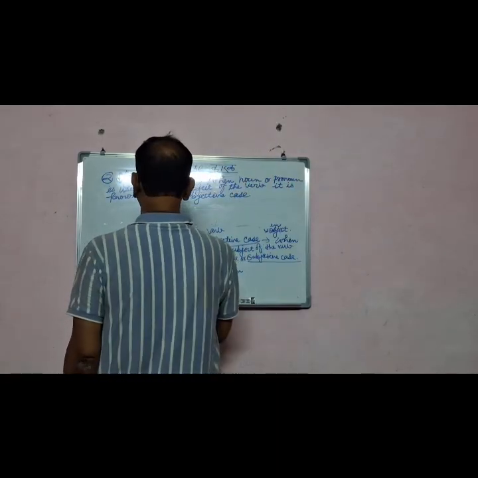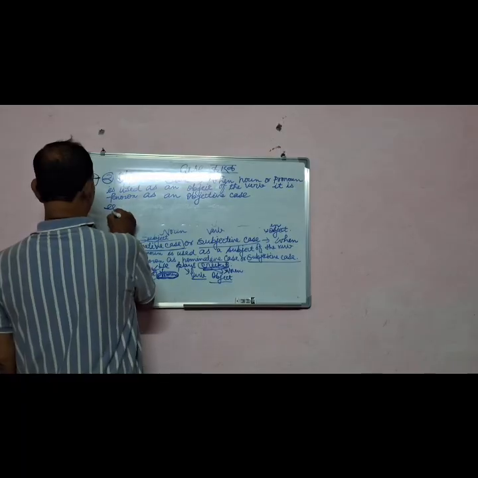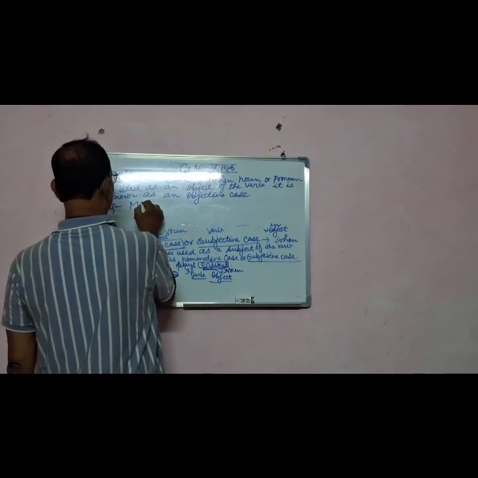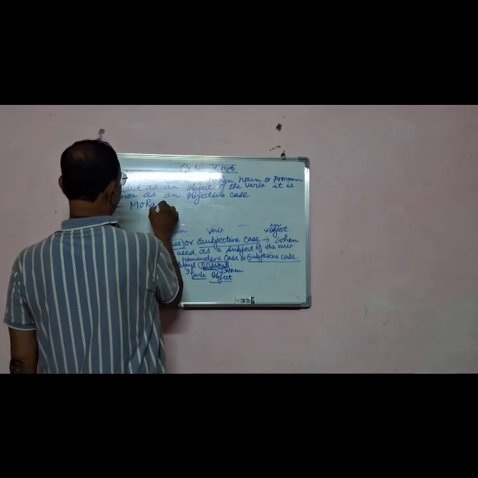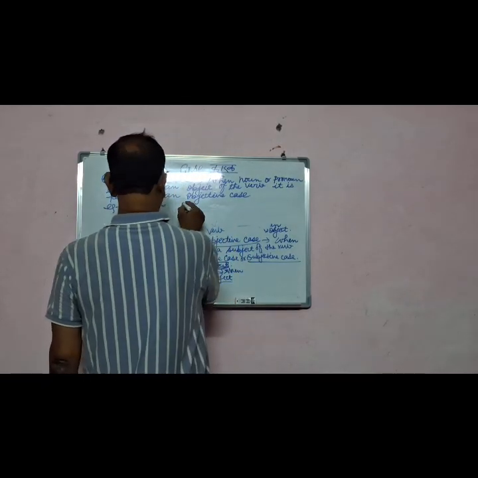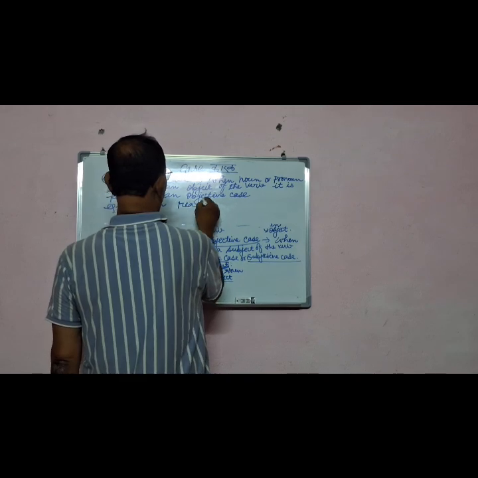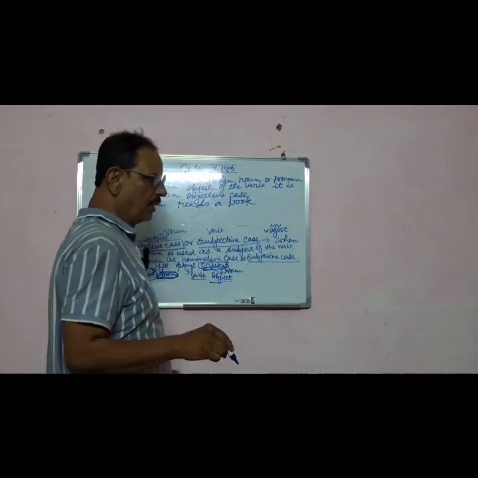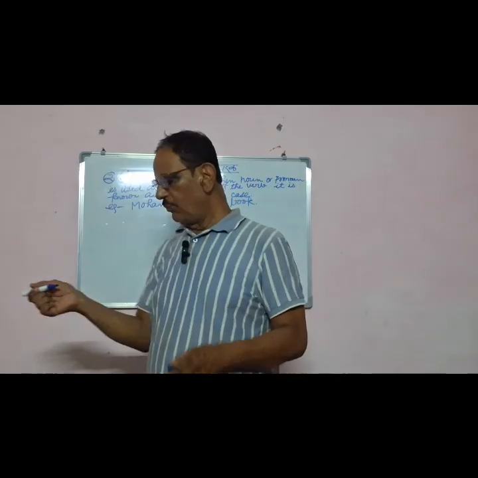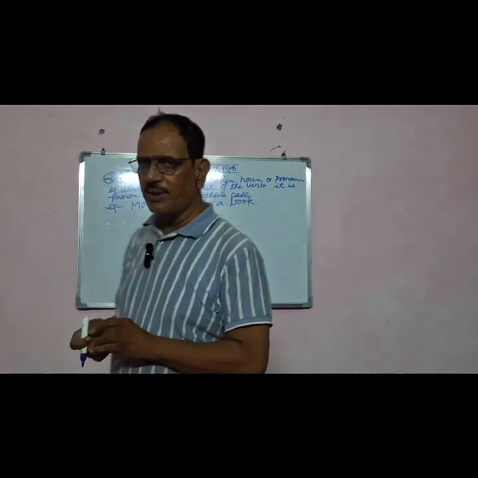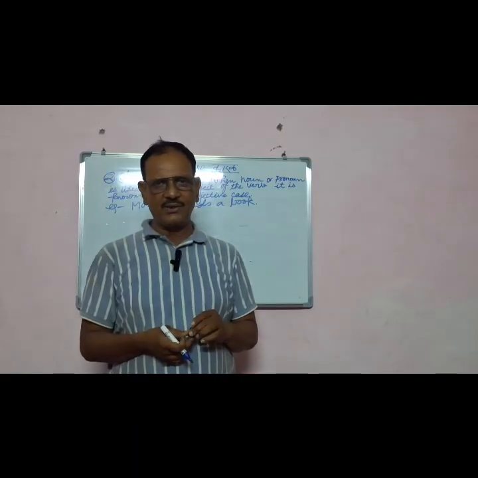As for example, we know that Mohan reads a book. Here what happens? You know very well. What I was saying is that in objective case, you show both the cases at a time.